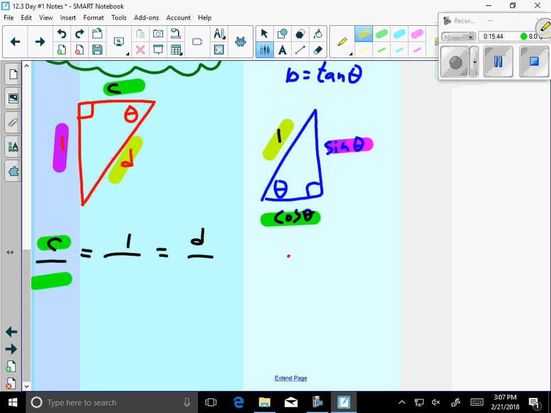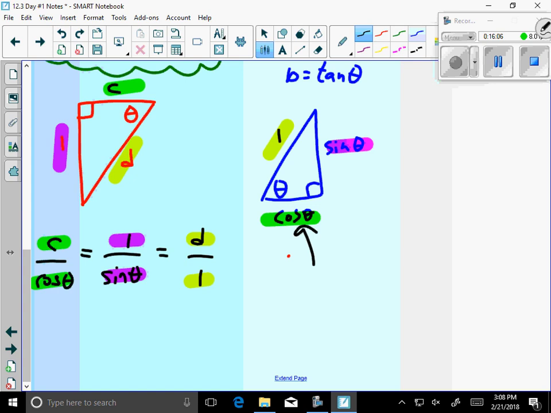D is yellow. And 1 is purple. So let's align those with those over here. Well, C corresponds to cosine because they're both green. 1 corresponds to sine because they're both purple. And 1 corresponds to D because they're both yellow.